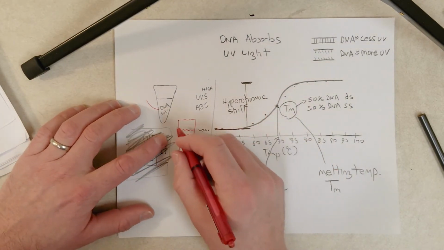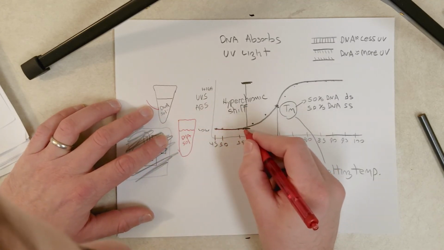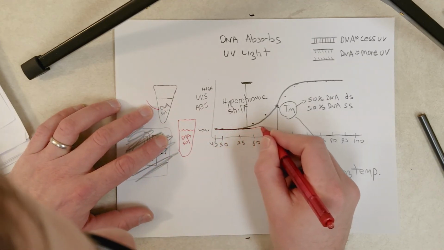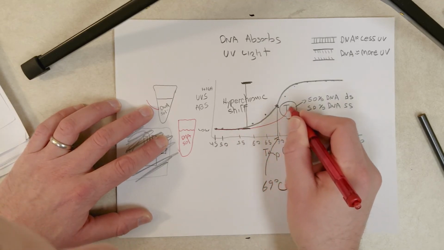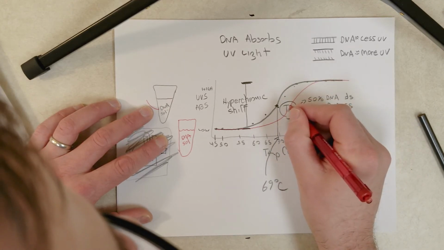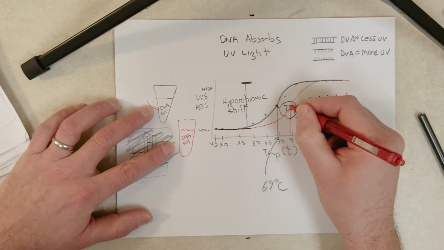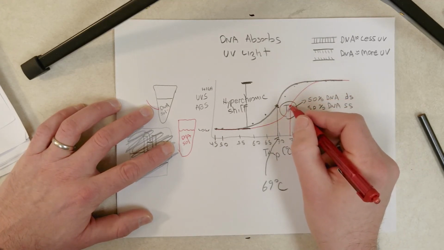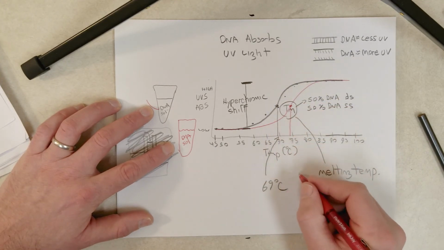Now, I don't know if this is true, but let's say we do this experiment with DNA from these different species of bacteria and we see that the Tm for Streptococcus here is 74 degrees.